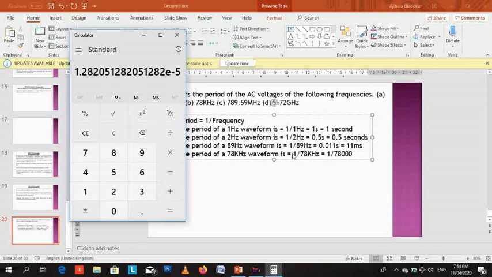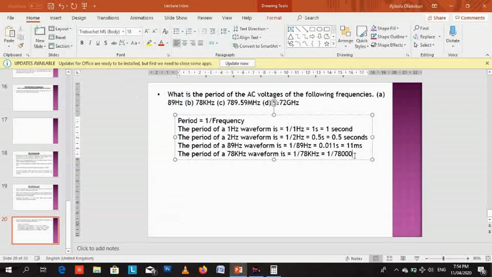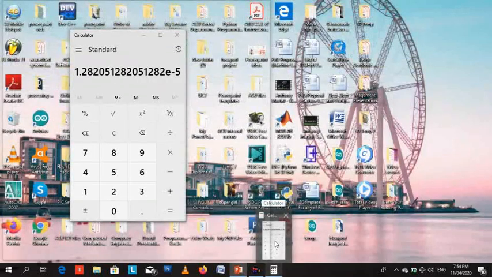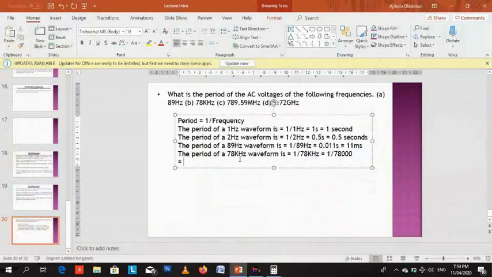Get rid of that, take it back to the root unit, like hertz or seconds, before you divide or multiply. Don't divide by 78 kilohertz. Divide by hertz itself. So you convert it back to hertz, 78,000. So 1 over 78,000 is 1.282 if you approximate.